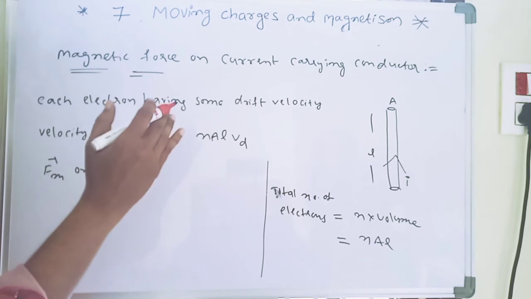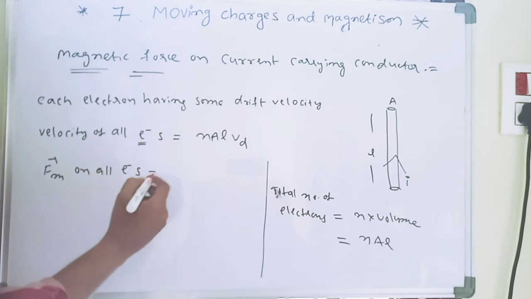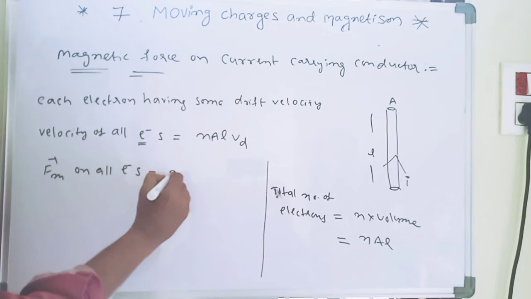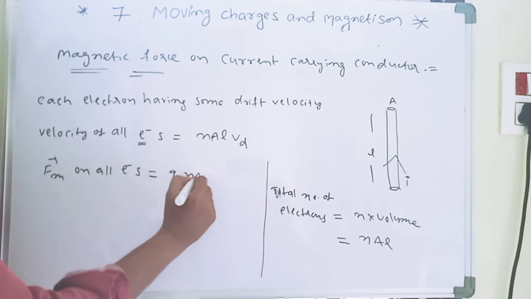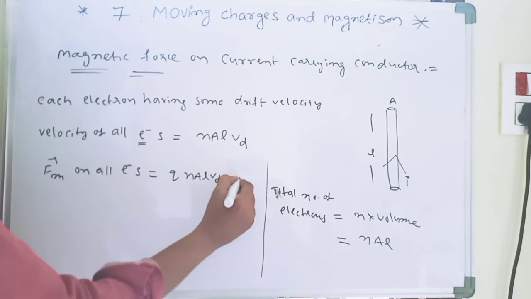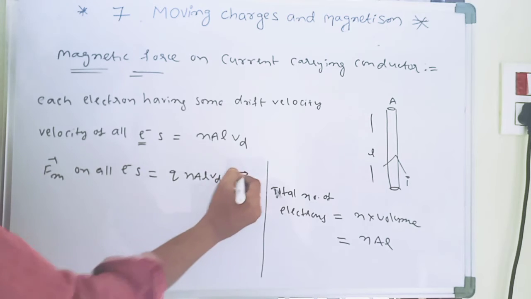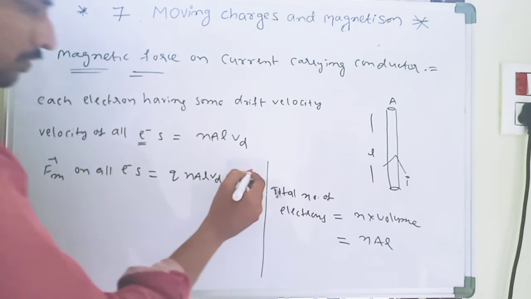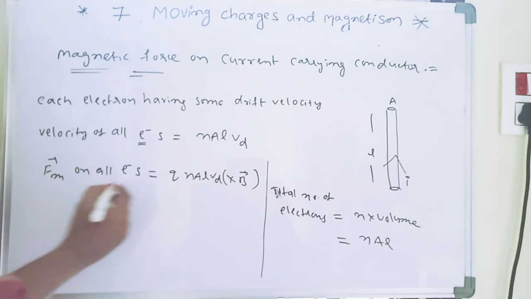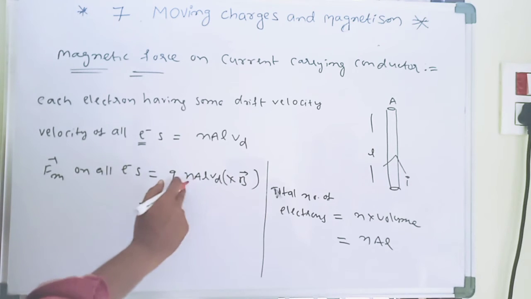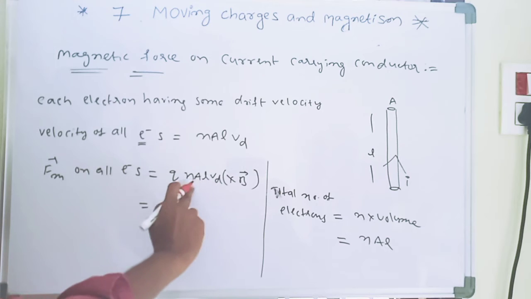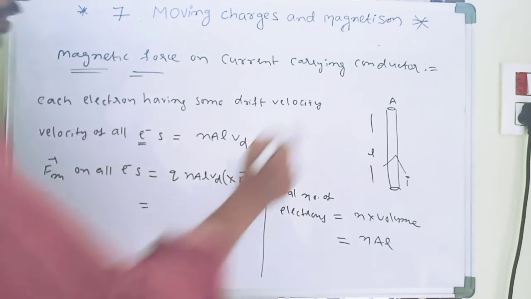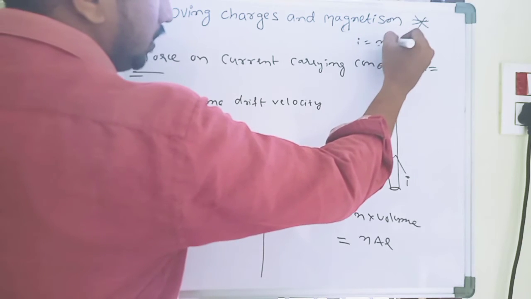Magnetic force Fm is equal to Q into V cross B. Here Q is the charge and V is the velocity, that is nALVd, cross B. So the force on all electrons is Q nALVd cross B. What is nALVd? It is nothing but I. So remember, I is equal to nALVd.